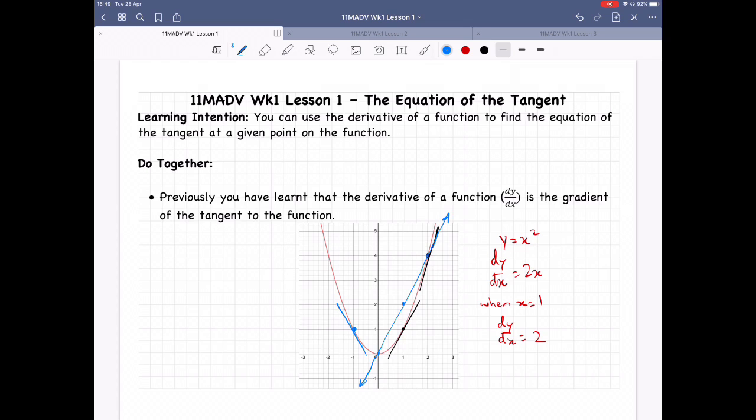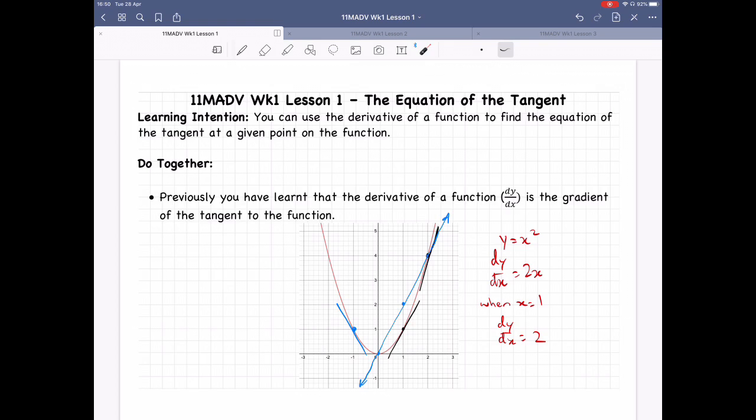And we can see that at this position here of x is equal to 1, we have parallel lines because our gradient of the tangent is equal to our gradient function.